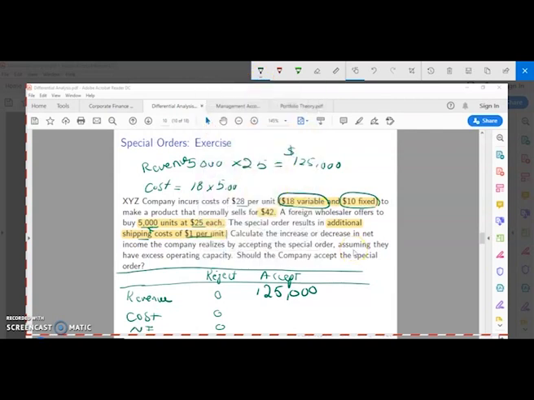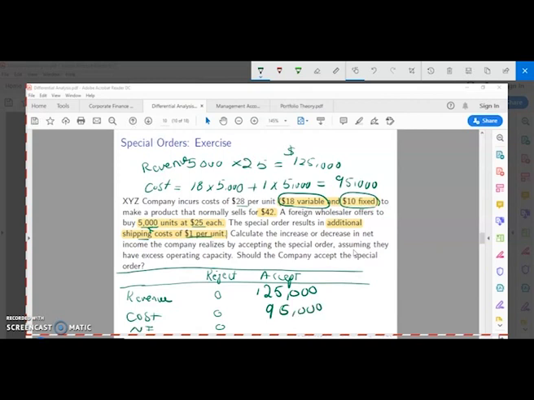So 18 times 5,000 plus $1 times 5,000. This will give me the total cost that I have in case I produce 5,000 and accept the order. So this will be 95,000. I will write it here.